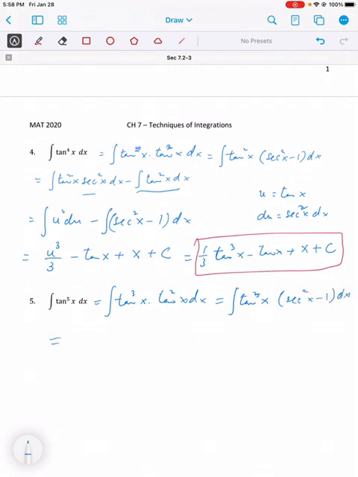So we get the integral of tangent cube x secant square x dx minus the integral of tangent cube x dx.